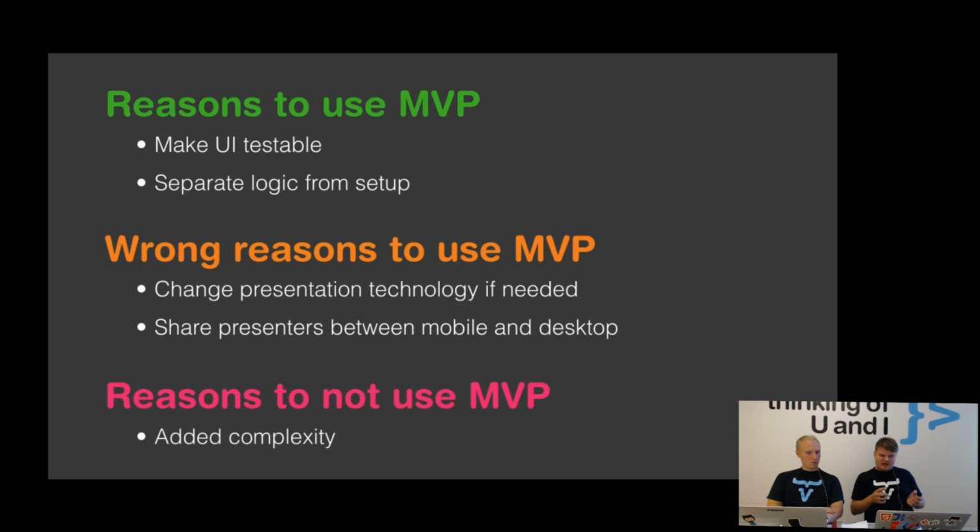So you gain something, but you also lose quite a bit. And the things that you gain, you can actually get with simpler ways. So you don't have to use MVP to make testable UIs or have clear separation. So let's take a look at this complexity.